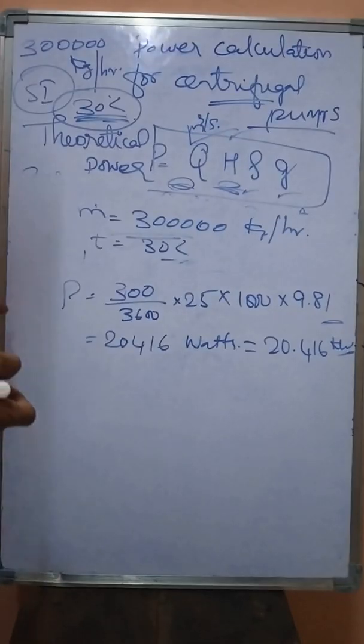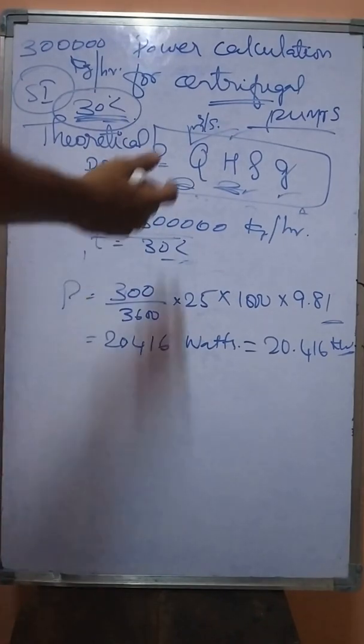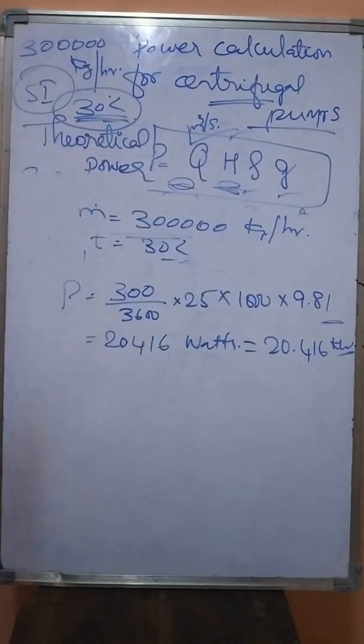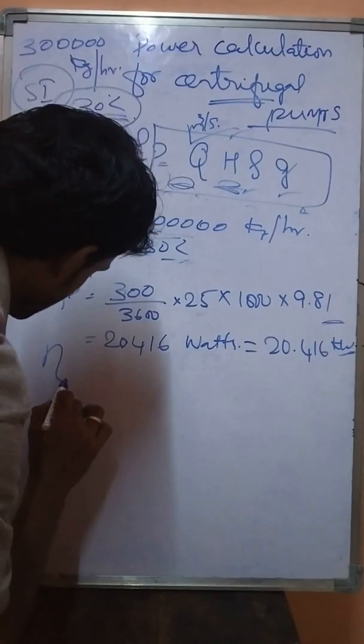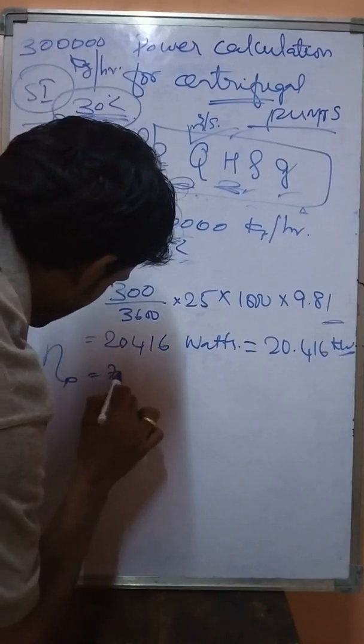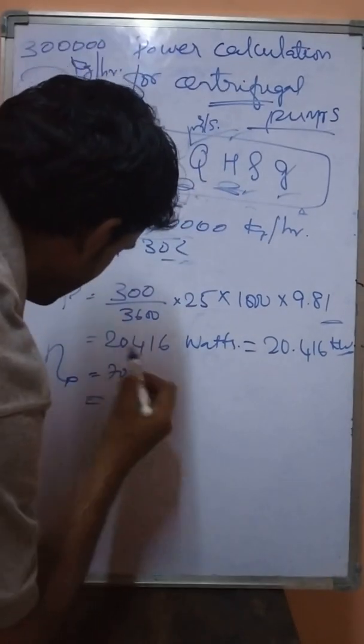So this is the theoretical power required for these values. So the efficiency of the pump given here is 70%. This is for 70% efficiency only. So you need for 100%. So just introduce this efficiency.